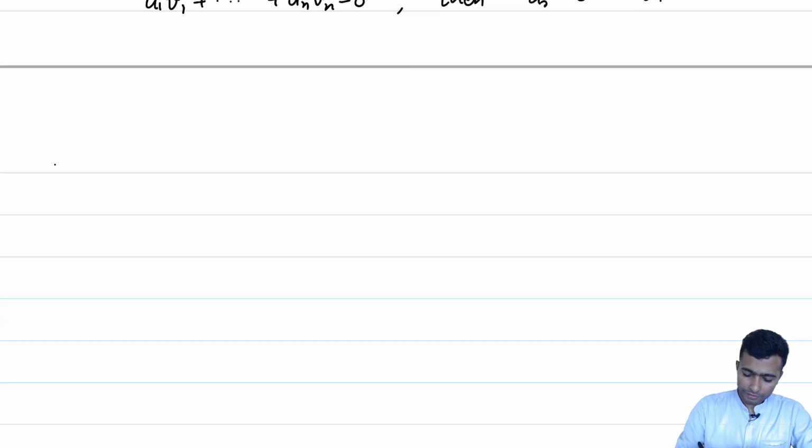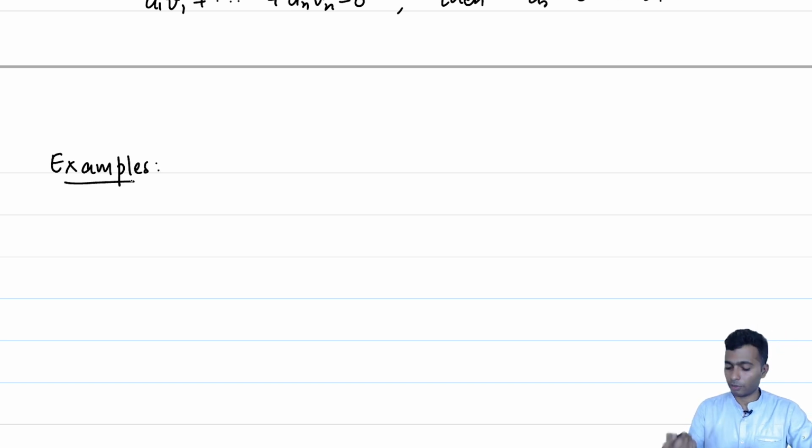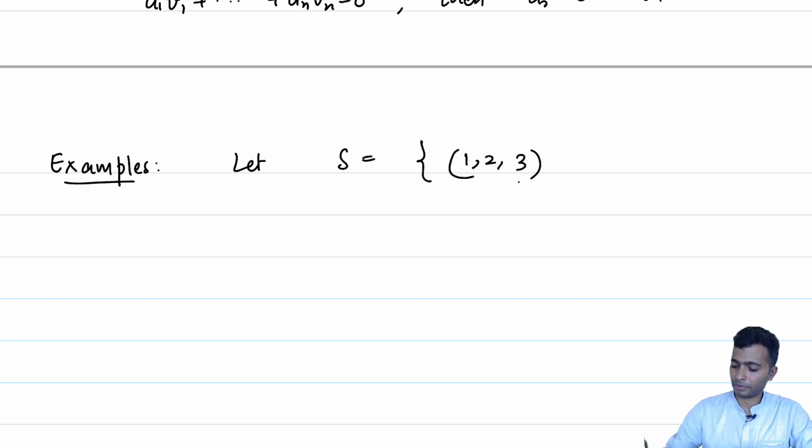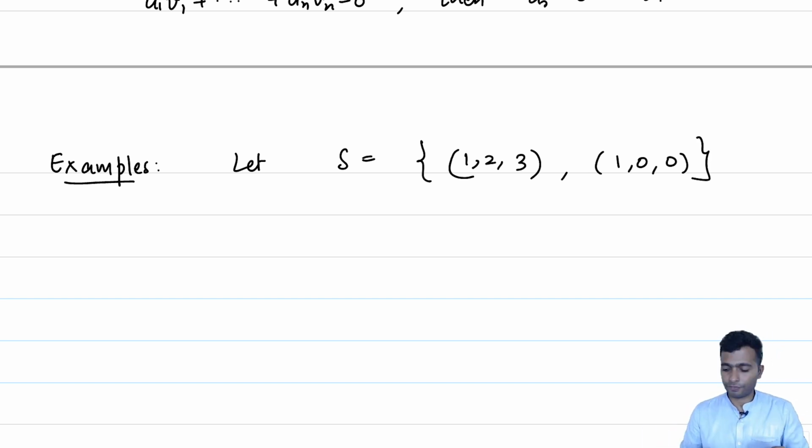Okay, so let us look at a few examples. Let us consider the following set. Let S be equal to (1, 2, 3) and maybe (1, 0, 0). Let us see if S is linearly dependent or independent.